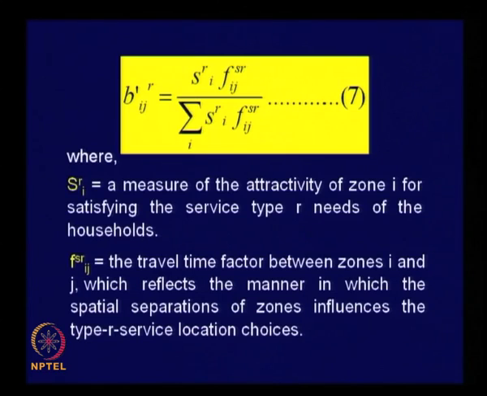So in this context, can you suggest a methodology to get the value of S I R? Let us say R refers to education service in the form of middle school. How will you fix the measure of attractivity of a particular traffic zone to locate a middle school?